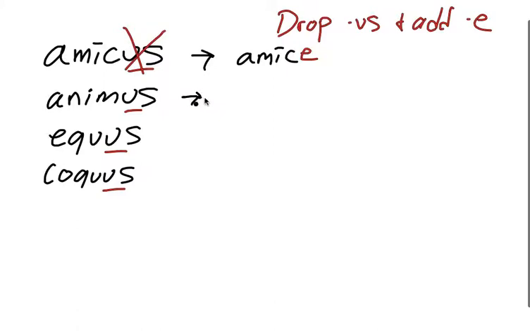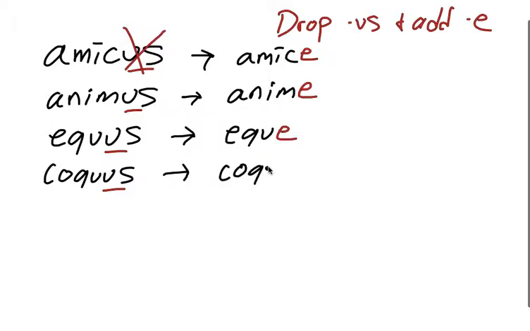Okay, animus becomes anime. So if you were talking to your soul, which is not quite outside of the realm of possibility, I guess, you would say anime. You can see we get the English word anime from that. Okay, equus, if you were talking to your horse, would become eque. And if you were talking to your cook would become coque.